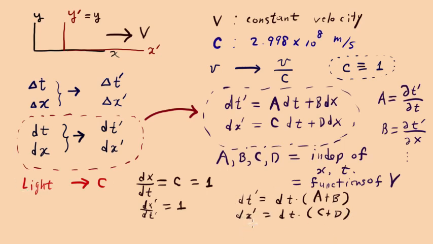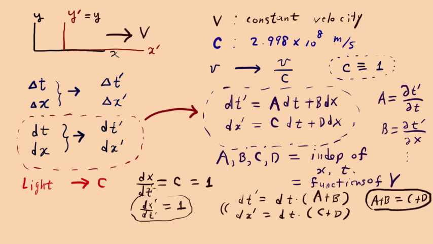So now we have to use this second equation here. dx prime is equal to dt prime. So that means these two are in fact equal. So what does that mean? That means a plus b equals c plus d. Okay, so we got one equation there.